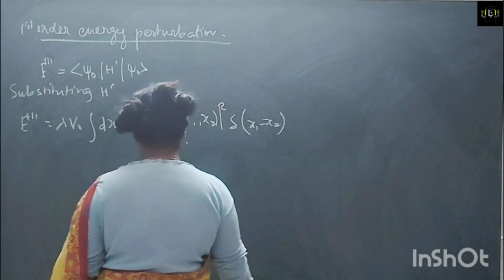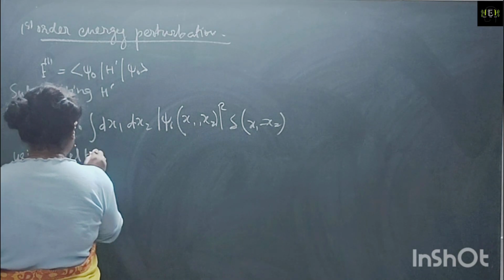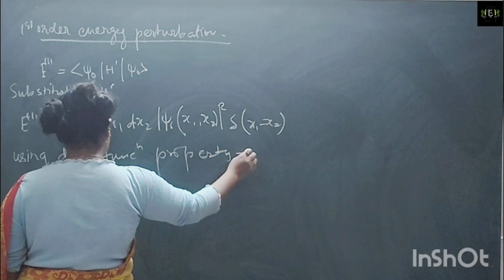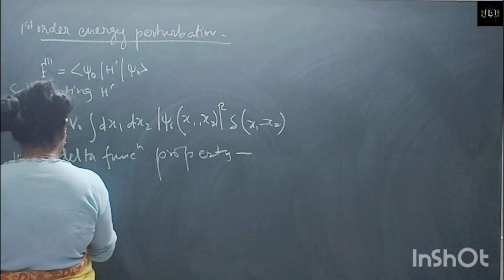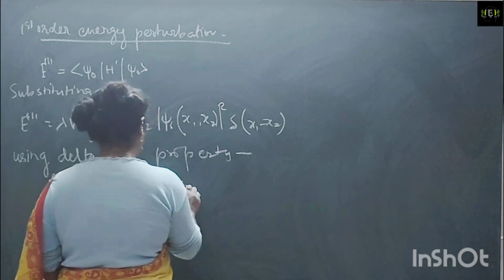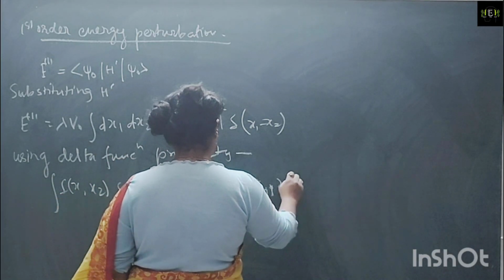This is the perturbation. So I will use the delta function property: f of x1 x2 times delta of x1 minus x2 gives f of x1 x2.